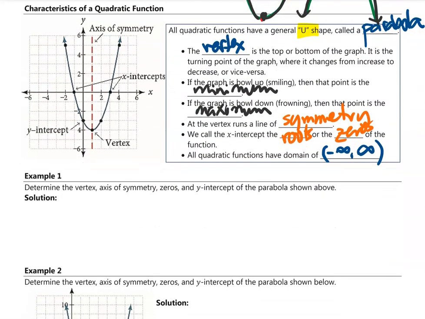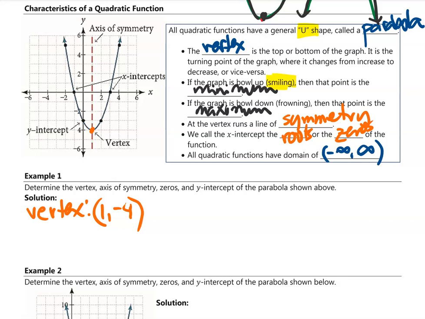Example number 1: determine the vertex, the axis of symmetry, the zeros, and the y-intercept of the parabola shown above. This is a parabola that opens upward, or it is smiling, right? This is the vertex, which is the lowest point, the bottom part of the parabola. What are the coordinates of this? That's (1, -4).